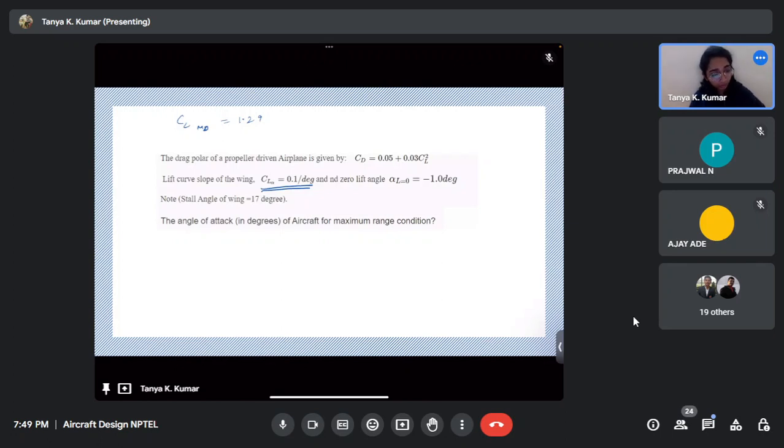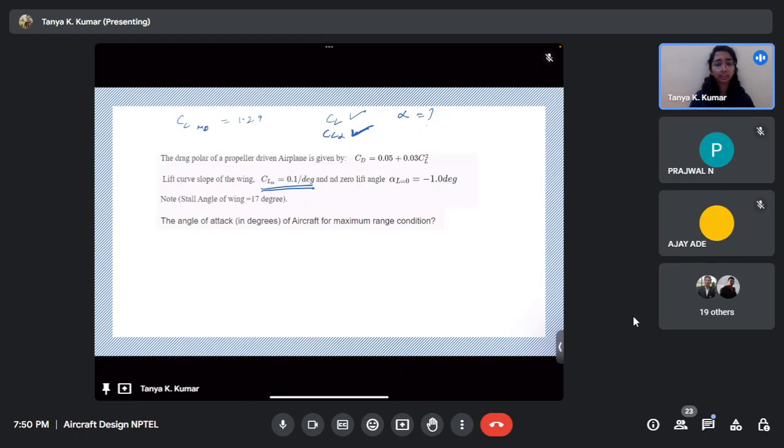So we have CL, we have CL alpha, and we are asked to find alpha. So what equation do you think we can use? Just think about it.